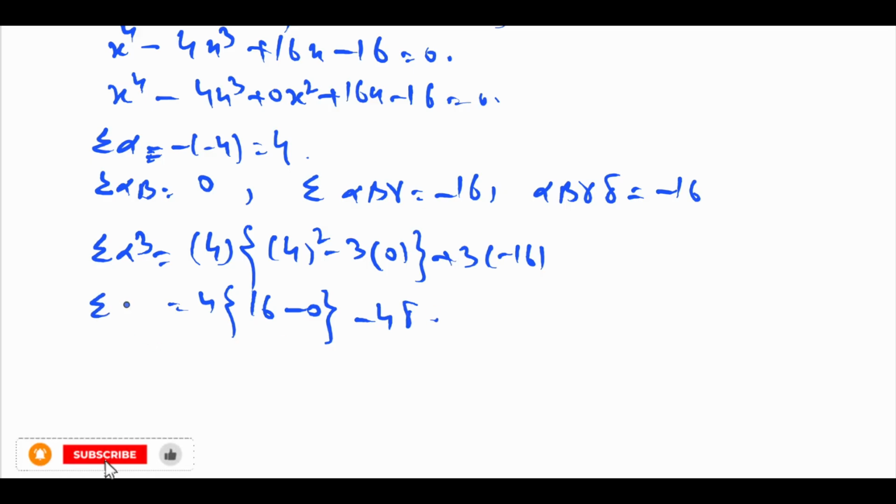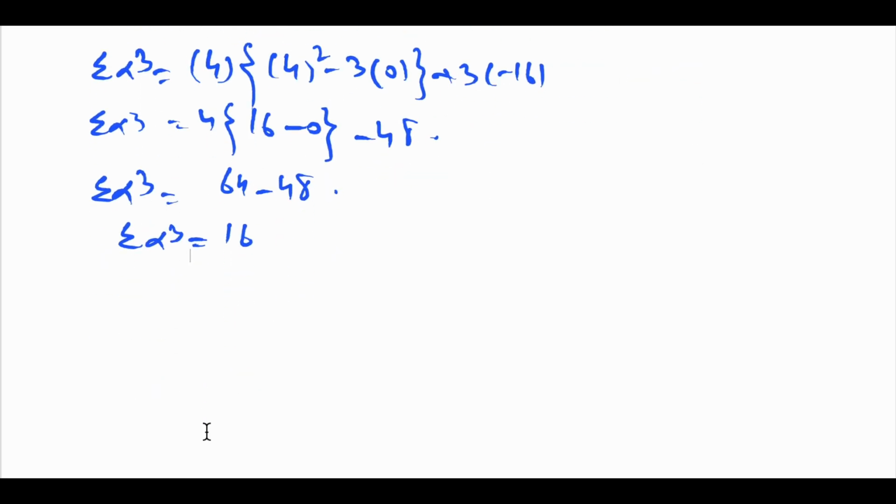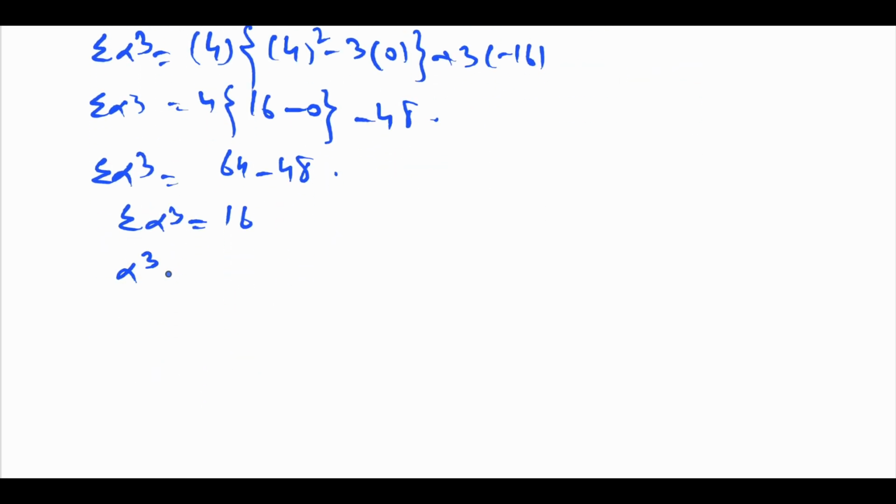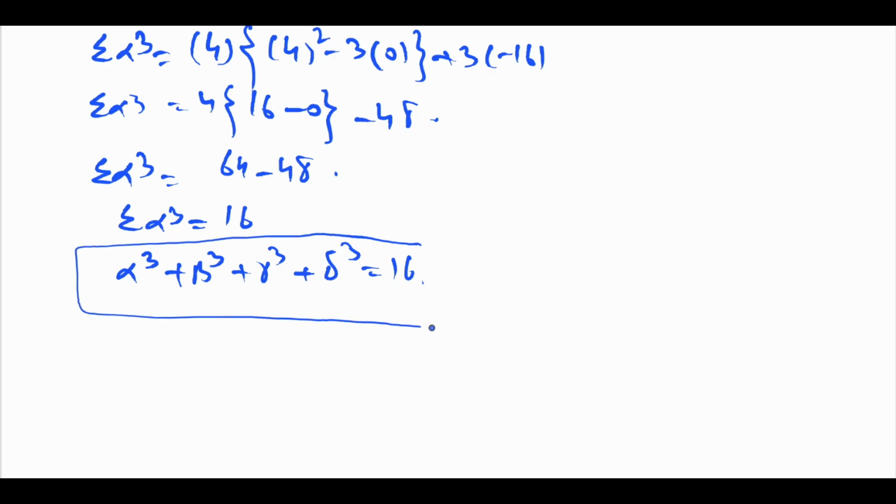Sigma alpha cubed is 4 into 16 is 64, minus 48. So sigma alpha cubed is 16. That means alpha cubed plus beta cubed plus gamma cubed plus delta cubed is equal to 16.